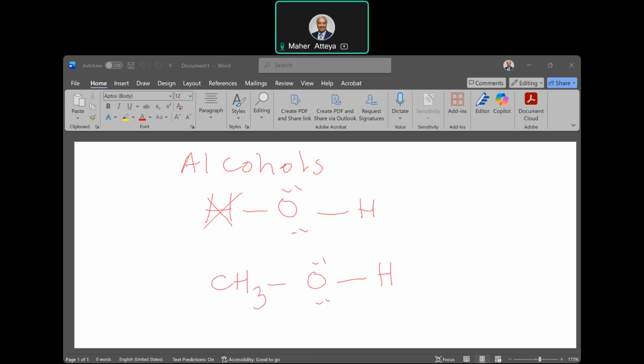The IUPAC name: you get this here from the alkane. This is methyl, this is methane. Take the E out and add OL instead. So this is methanol, correct? This is methanol.